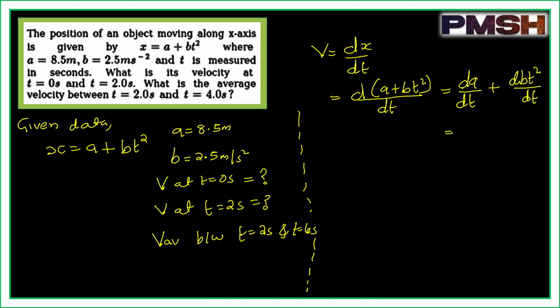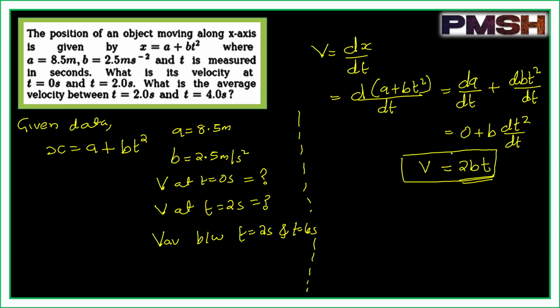We know a is a constant, right? The value of a is 8.5 meter, which is a constant value. We know that derivative of a constant will be 0 plus b will be taken outside. Then you have derivative of t square. So the answer is going to be 2bt. So the expression for velocity is 2bt.